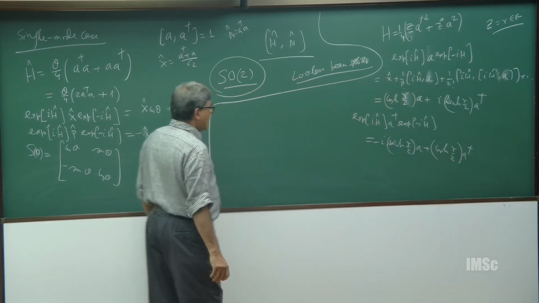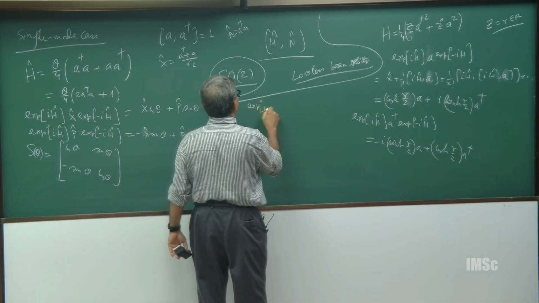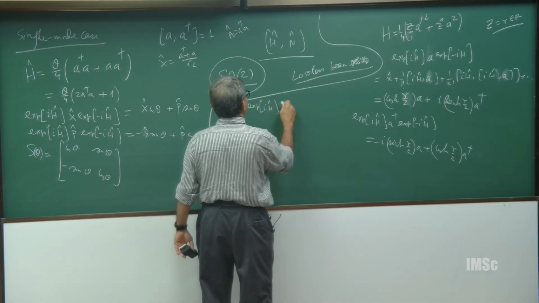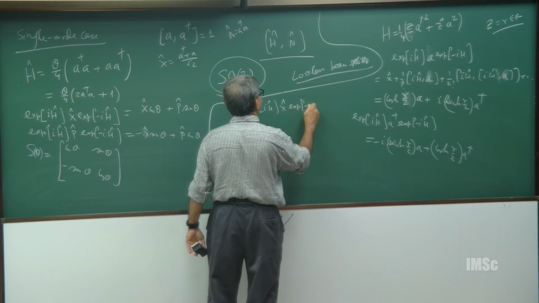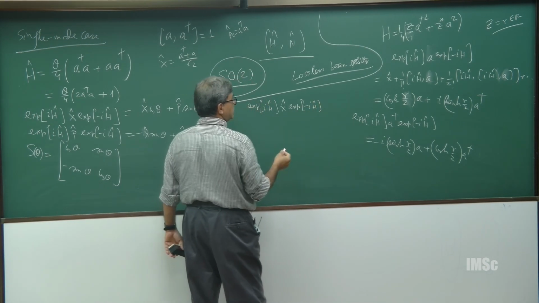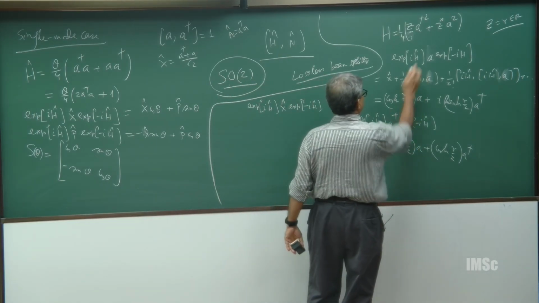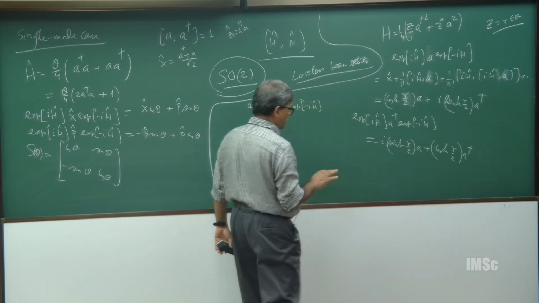And so, you can figure out what will be exponential of iota h x exponential of minus iota h, and this should be basically A dagger plus A by root 2. So, what will be that?